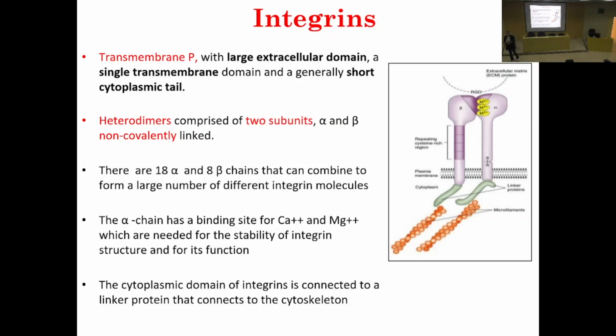Now I'm going to have these combinations. Alpha 1 can come with beta 1, beta 2, beta 3, up to beta 8, and alpha 2 the same. So this creates a variety of integrins, right? I have a variety of integrins due to different combinations between the alpha and beta subunits.